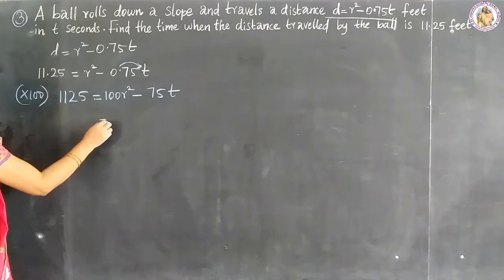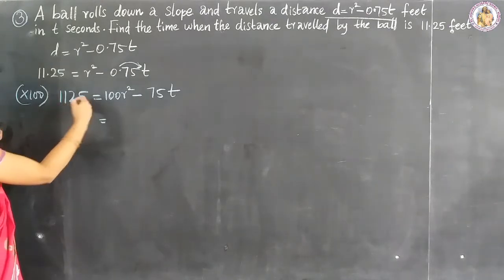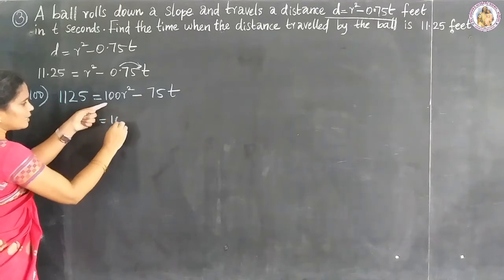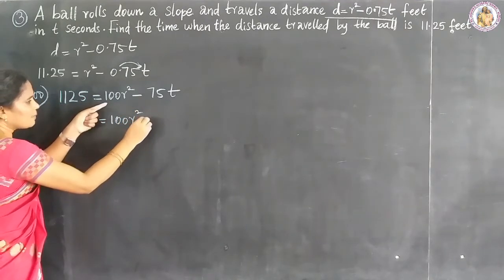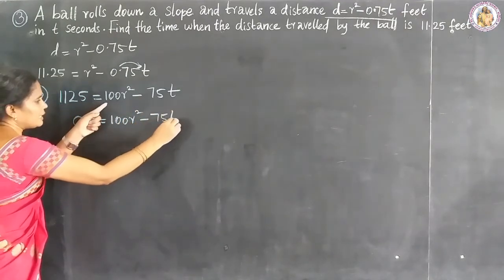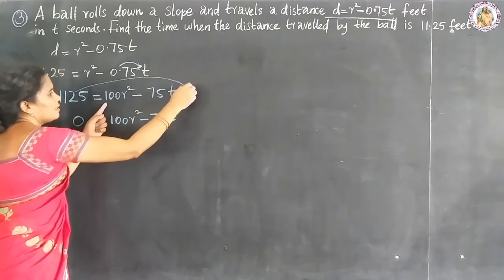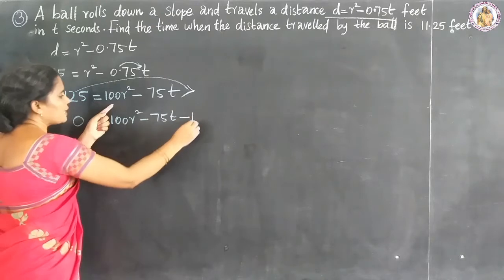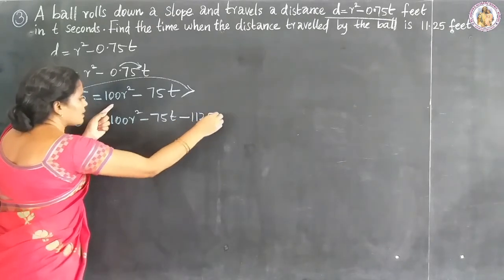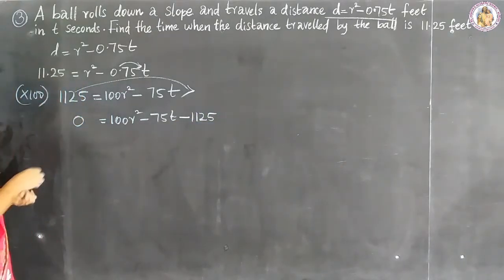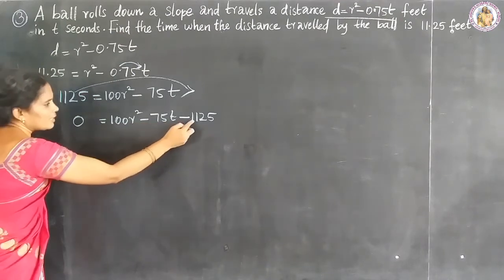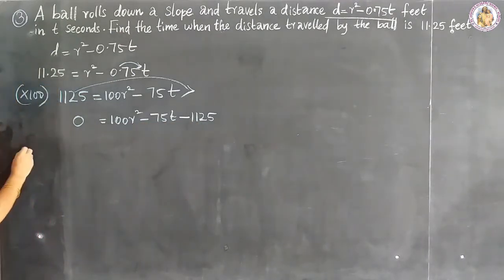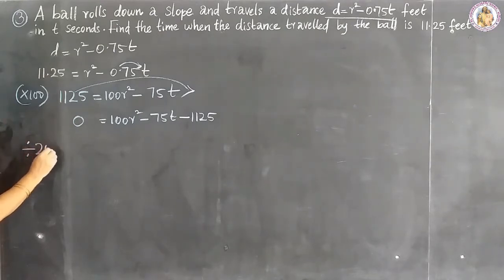So taking 1125 to the other side, divide each term by 25.